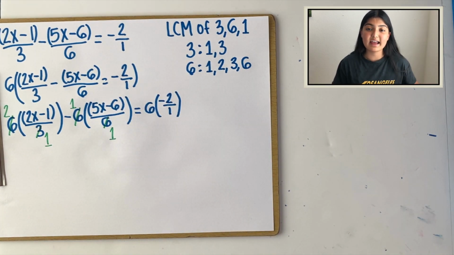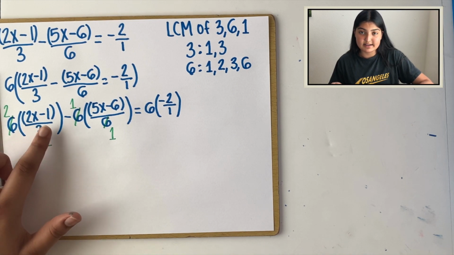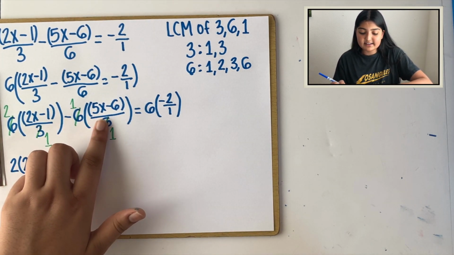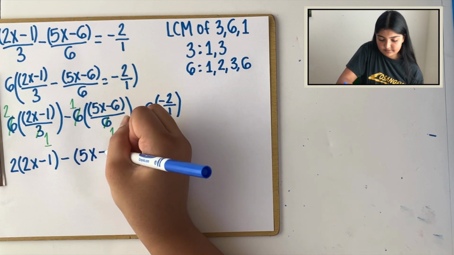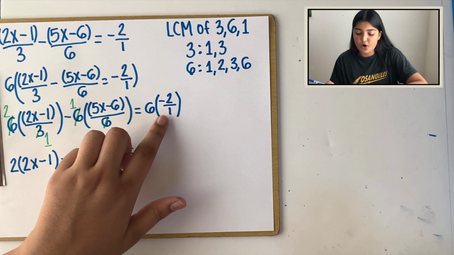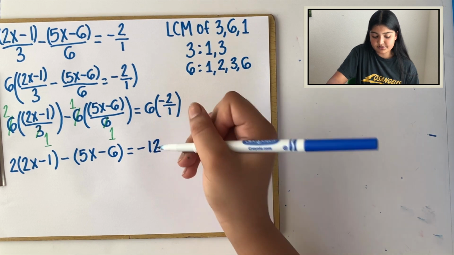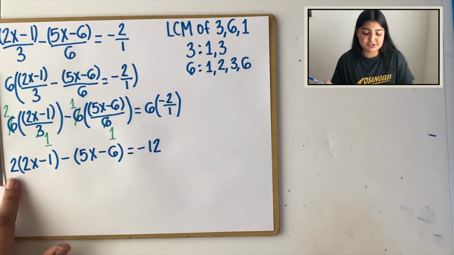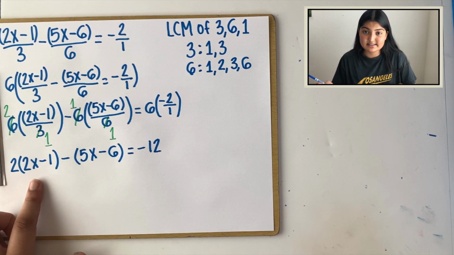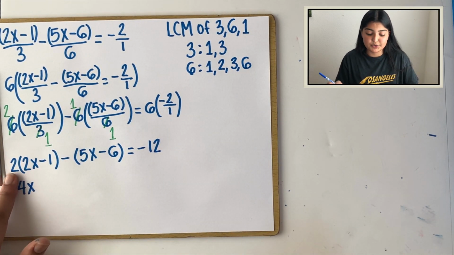Now, let's multiply and write this out. 2 times 2x minus 1 minus 5x minus 6 is equal to 6 times negative 2 over 1, which is simply negative 12. Now, let's distribute everything. 2 times 2x is 4x minus 2 times 1.